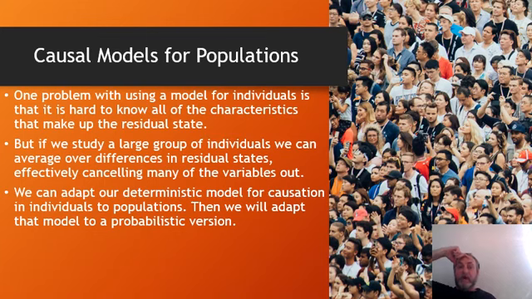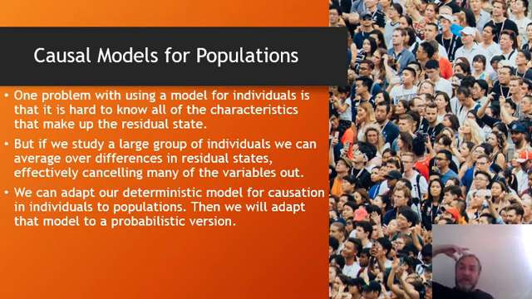So this is why we typically use populations to evaluate causal hypotheses, right? If you study a large group of individuals, then you can figure that their residual states will sort of average out, and effectively many of the variables will be canceled out.